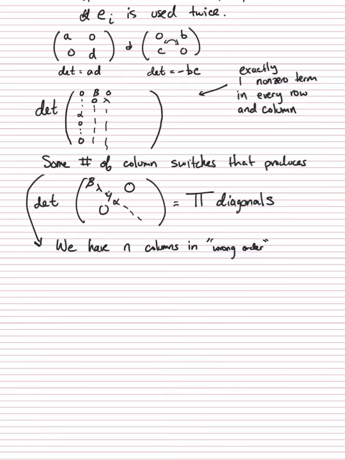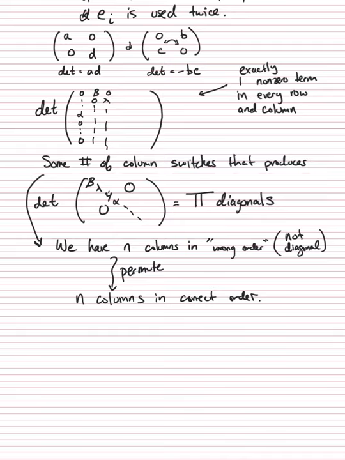In other words, it's not a diagonal matrix. And what we want to do is a permutation: permute the n columns so that we have n columns in the correct order, so that it is diagonal.